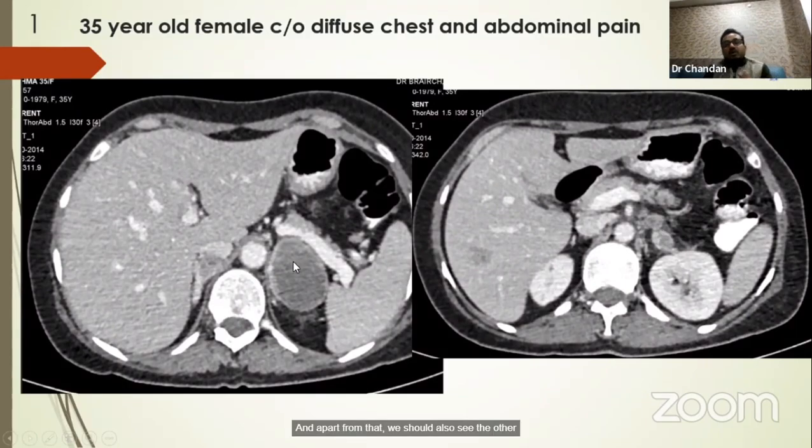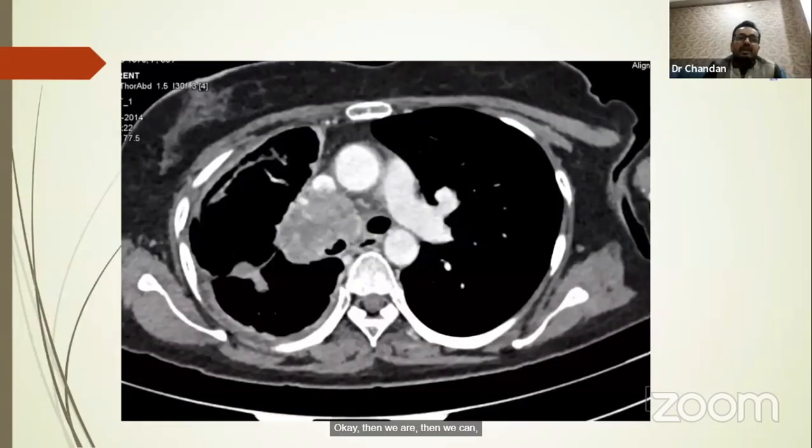Apart from that, we should also see the other organs. Are they normal or abnormal? We can see hypodense, non-enhancing areas in segment 6 of the liver, so it is obviously a case of metastasis.